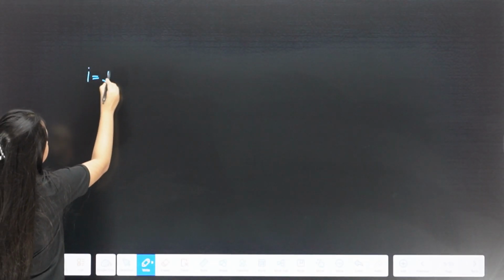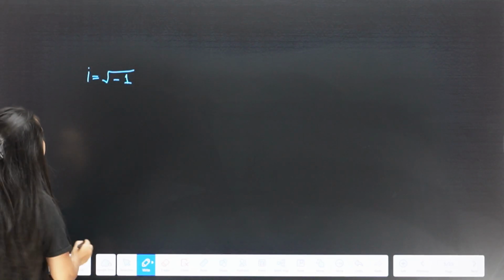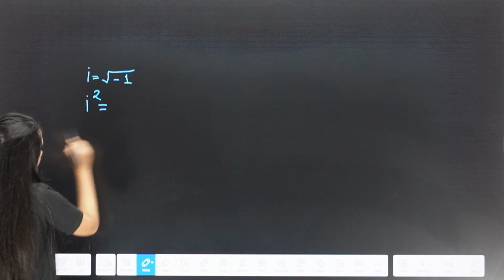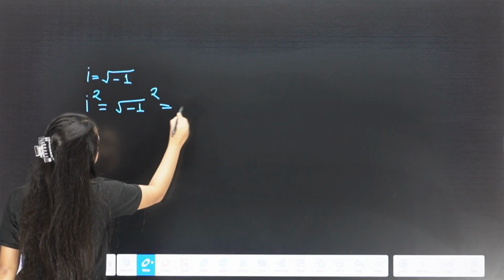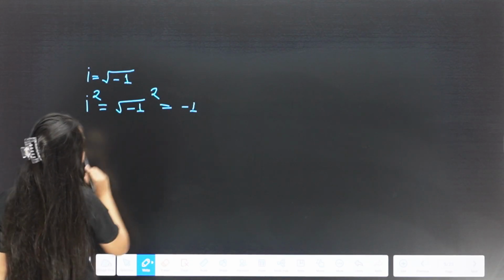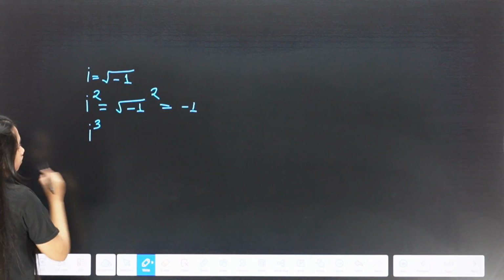We have taken i equal to root minus 1. So what will be the square of i, that is, the square of the imaginary unit? It would be minus 1, since we can cancel the square and the root. And what is the cube of the imaginary unit?